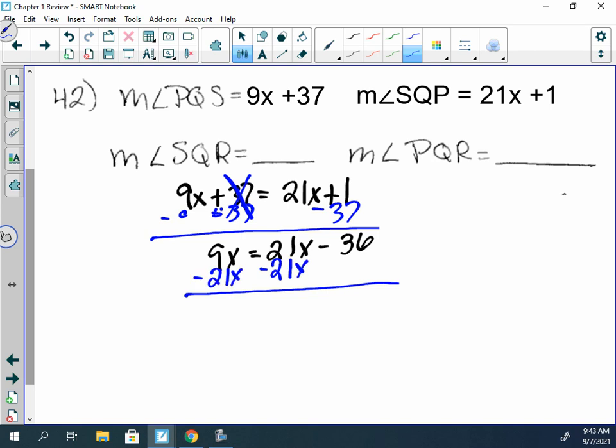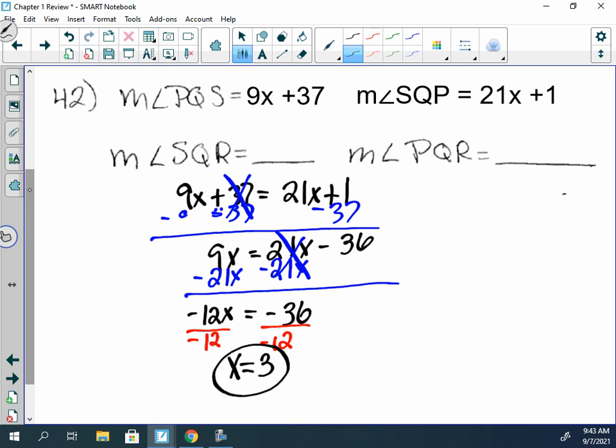Minus 21x. 9x minus 21x would give us negative 12x, and negative 36 on the right-hand side. Divide by negative 12, which tells us x is equal to 3.